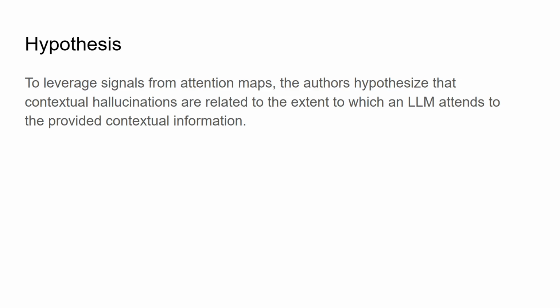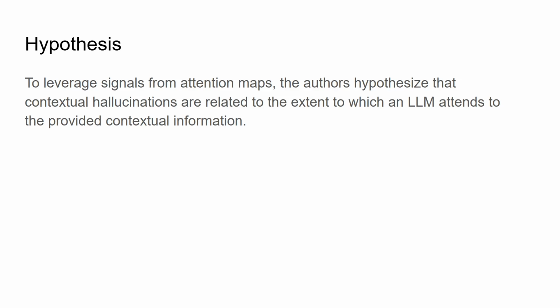So what is their hypothesis? They want to leverage signals from attention maps, and they hypothesize that if a model is hallucinating with respect to the context, that means the model is not putting enough attention on the context. The model keeps generating tokens, and as it generates tokens, it pays attention to what was there in the context, as well as to what it generated during its earlier time steps.